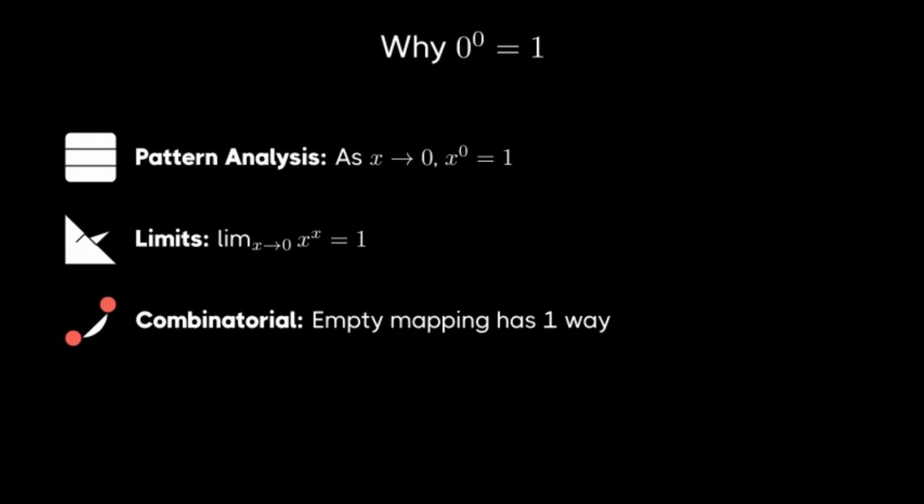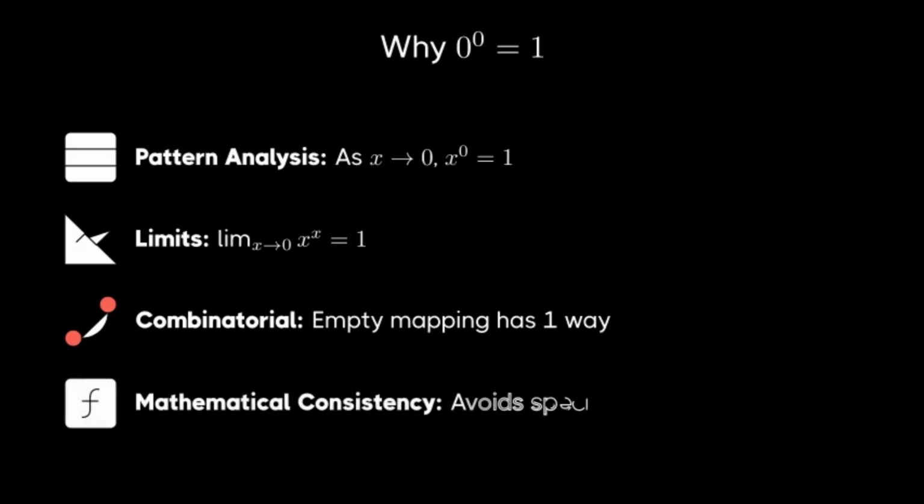Perhaps most compelling is the argument for mathematical consistency. Defining 0 to the power of 0 as 1 makes numerous formulas work smoothly without requiring special cases. For example, in the binomial theorem, power series expansions, and the formula for derivatives of x to the power of n, setting 0 to the power of 0 equal to 1 allows these formulas to work seamlessly without exception.